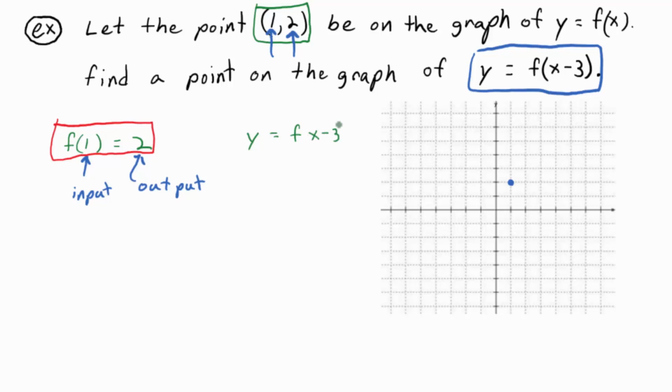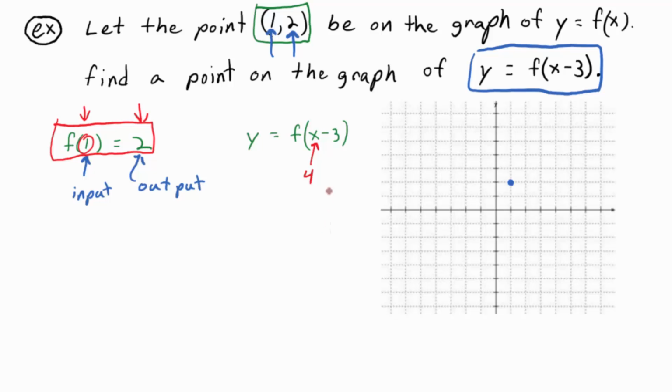What would I have to input for x so that I actually get the original 1? What would I have to put in for x so that I end up taking f of 1, in other words? 4. So I'd have to slide x over to 4 to get the same input, which would give me the same output as I did for the original y equals f of x.